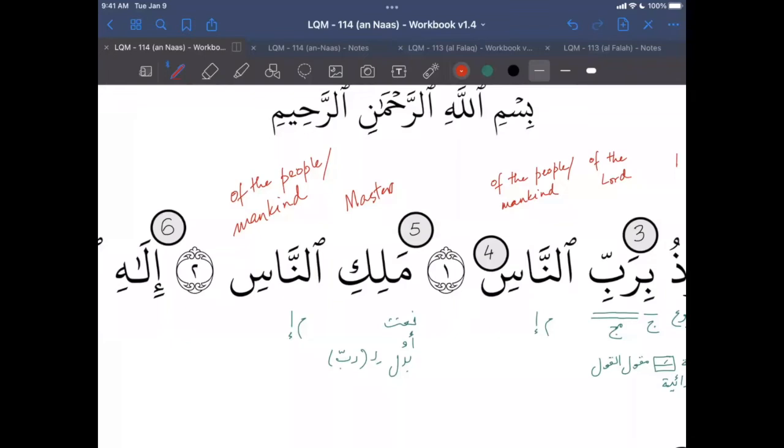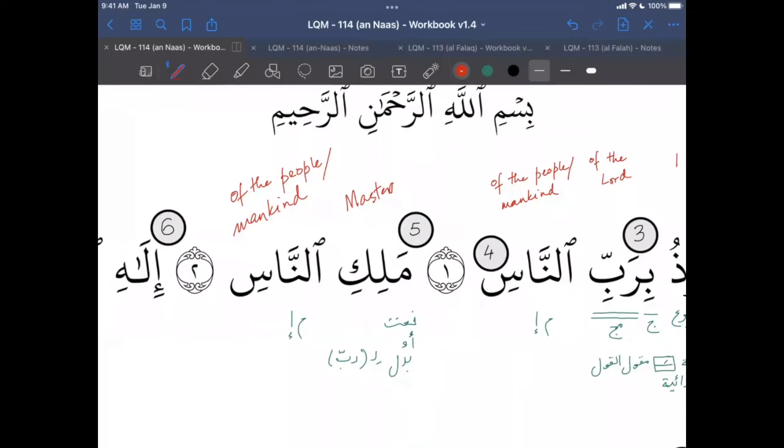For anything to be ma'tuf, there must be some particle of atf, some harf atf, whether it's a waw or a fa or summa or aw, whatever the case may be. We need a particle of atf in order to call it a ma'tuf ala something. Without an instrument of atf, we cannot say that it is ma'tuf to anything.